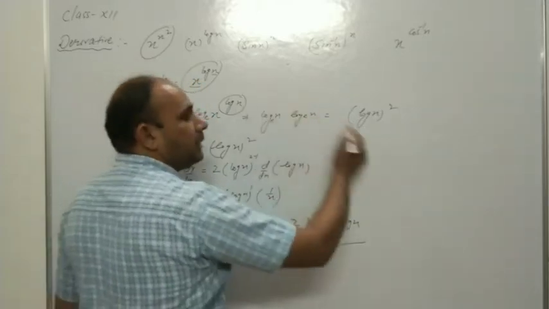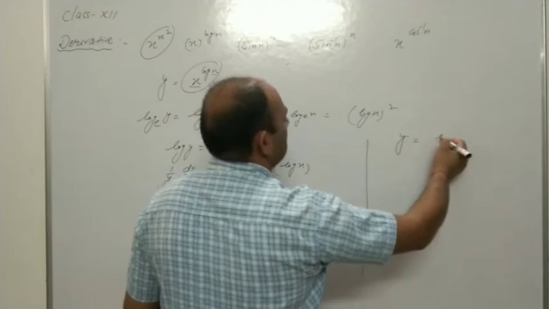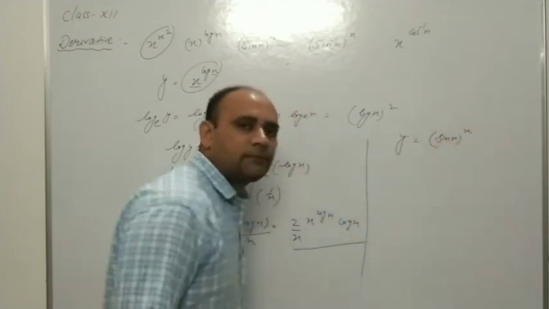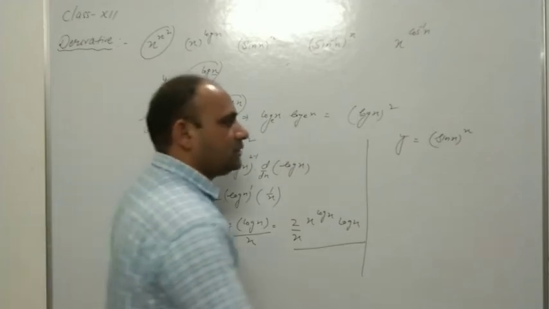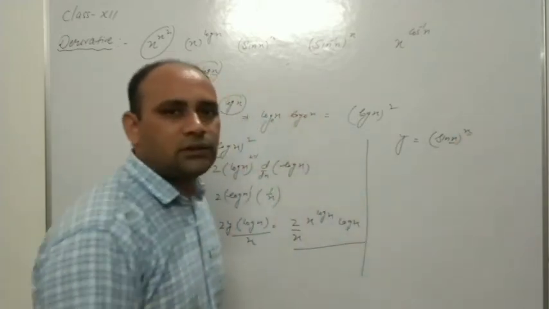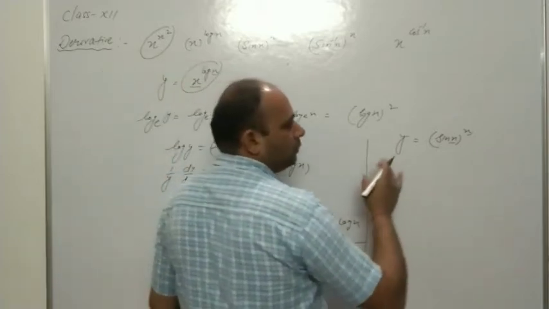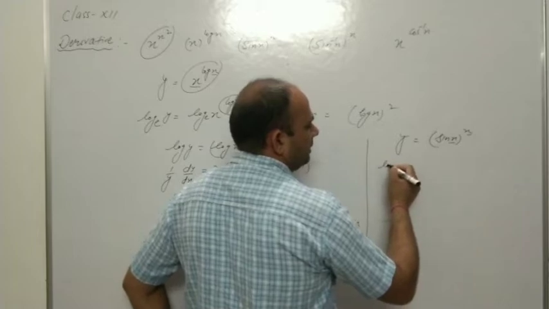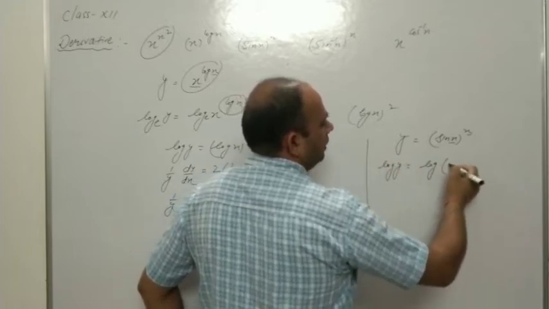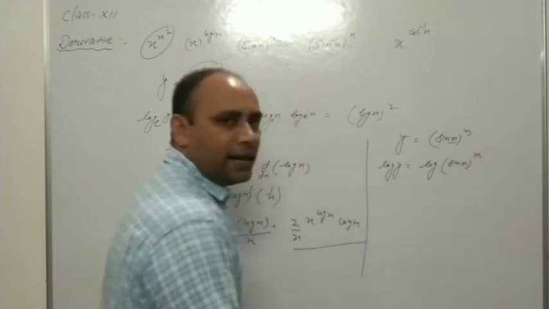Now next example, y is equal to (sin x) raised to power x. Now you can see it is a function of x, and the power is also a function of x. So we will apply log on both sides with base e, meaning log y is equal to log of (sin x) raised to the power x.